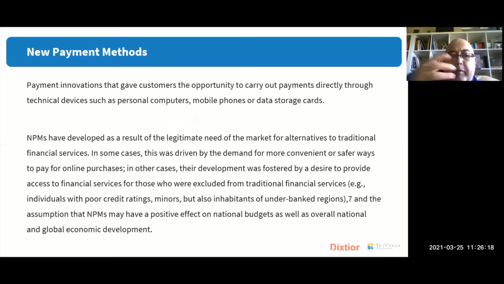So payment methods are basically payment innovations that have been developed over the last 4 years. We can see payments on mobile phones, payments on computers, without cards, everything being used, and also removing the burden of going to a traditional bank and having a lot of trouble doing the transactions that we wanted to do.